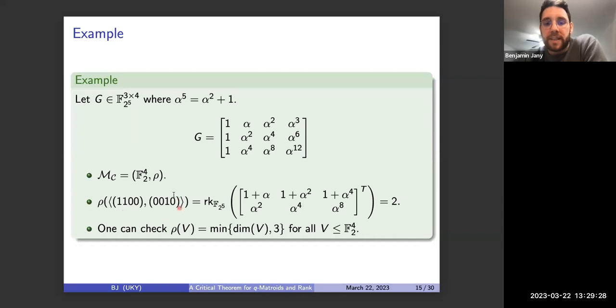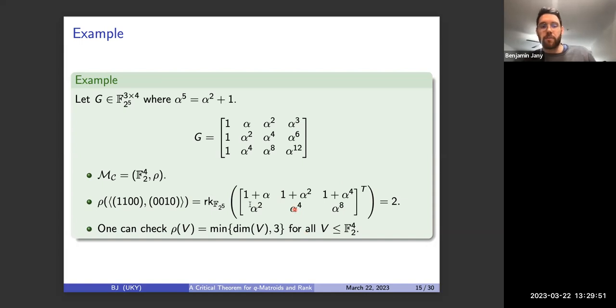If we were to, for example, find the rank of this two-dimensional space generated by those two elements, we can put those elements as columns of the matrix Y sub V, right? And multiply G by this Y sub V, which would just give us this matrix right here.